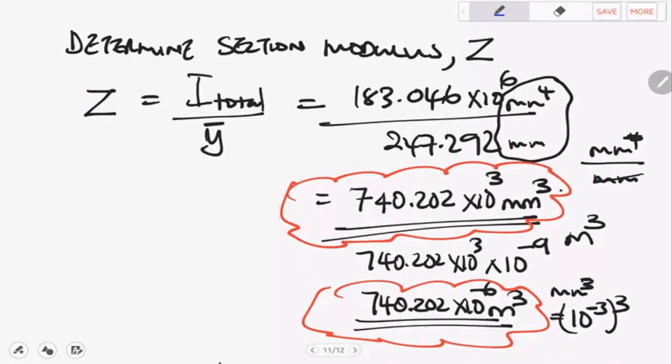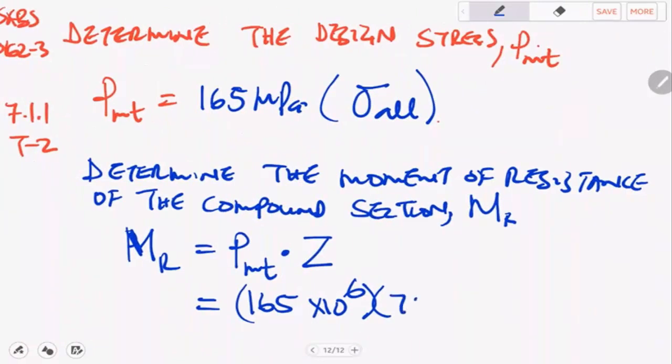If you look at this Z, it's 740.202 times 10 to the power minus 6, and this is meters to the power 3. So this gives us the value of how much? This one will cancel out with this one.